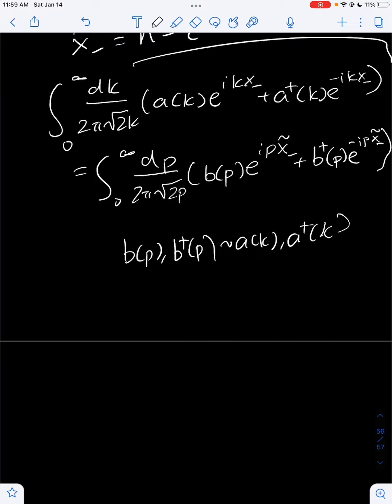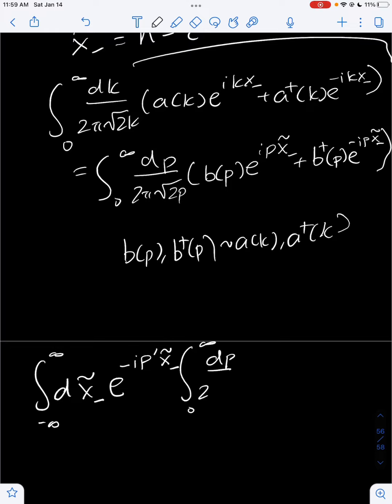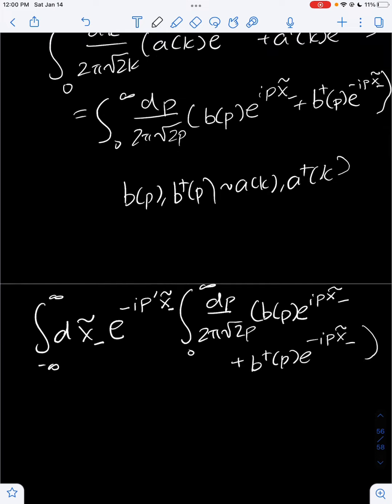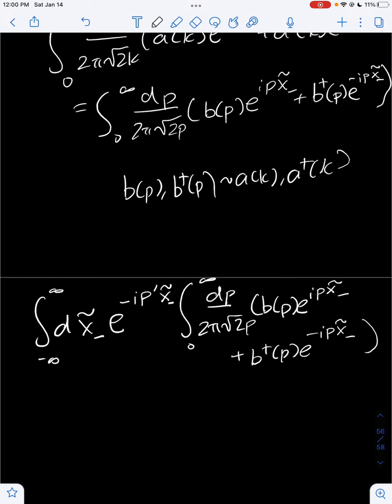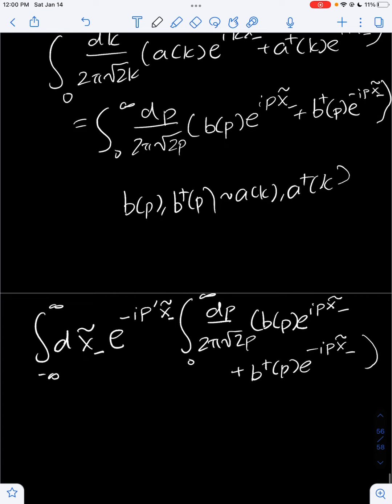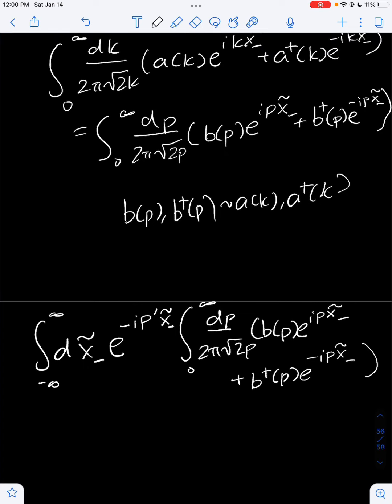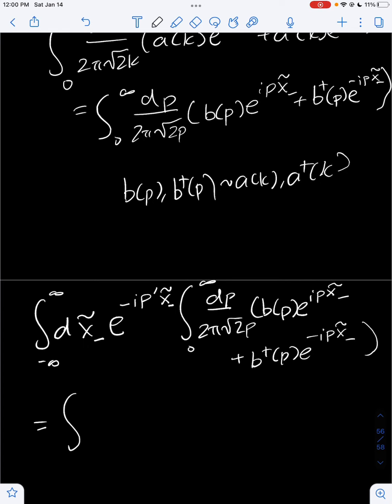So what we do is take the Fourier transform, but we're going to use x tilde minus, e to the minus i p prime x tilde minus, and this is going to go from negative infinity to infinity, then 0 to infinity dp over 2 pi square root of 2p. So here is the Fourier transformed value. And since we did that to the B expressions, we have to do the same thing to A.